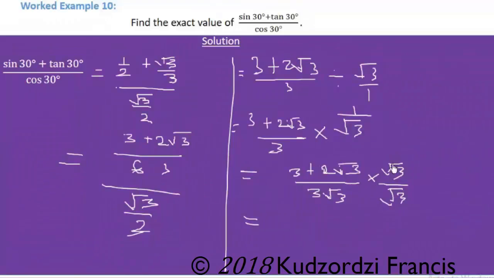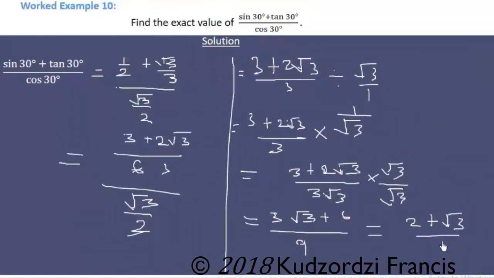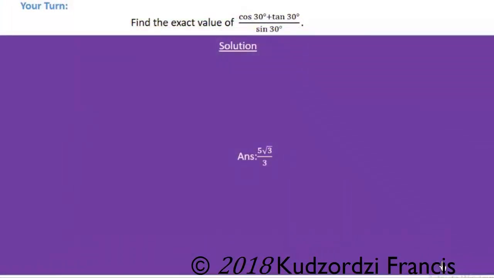So we now obtain 3 root 3 plus 6 all over 9. So this will simplify to, with a common factor of 3, 2 plus root 3 over 3. Now it is your turn to also practice, and you should obtain this as your final answer.